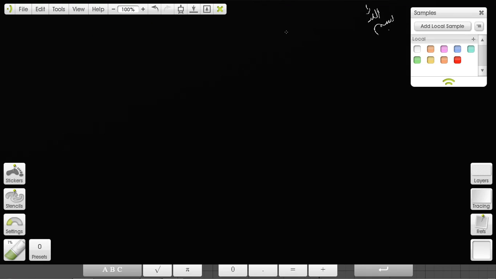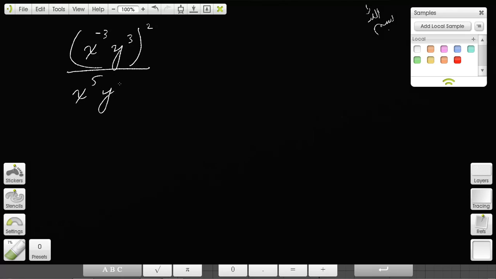Let's do this one from the book. (x to the negative 3, y cubed) squared over x to the 5th and y to the 6th. There's sometimes more than one way of doing these. The way I would do this one is I would distribute the 2 over here.